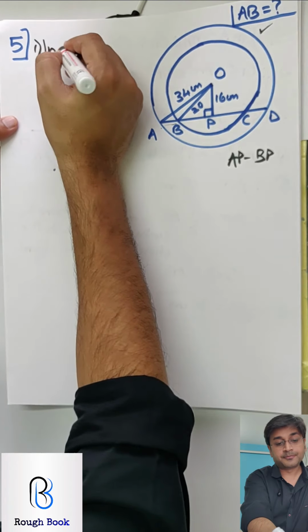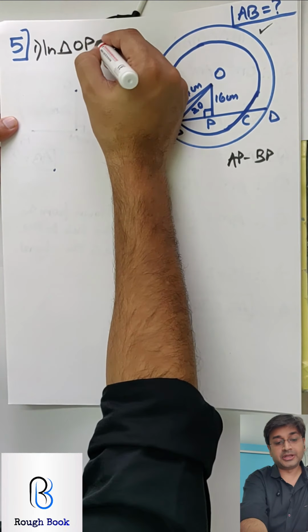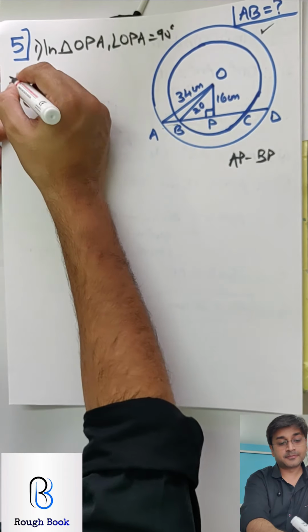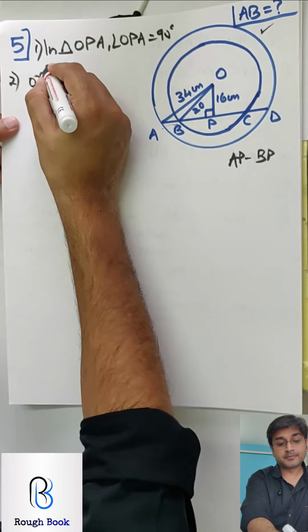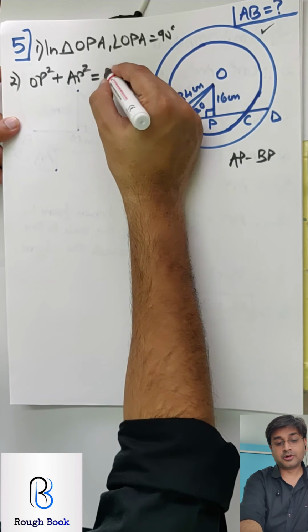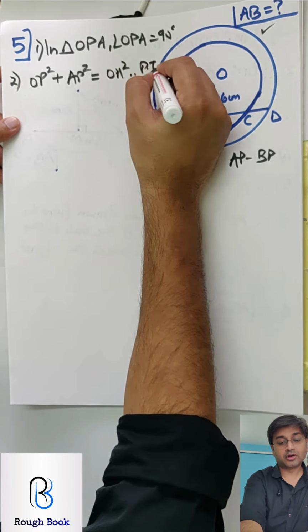So step 1. In triangle OPA, angle OPA is 90 degrees. So you will get OP square plus AP square is equal to OA square. Pythagoras theorem. OP is 16, AP is unknown and OA is 34.